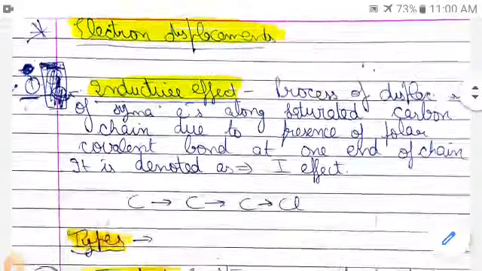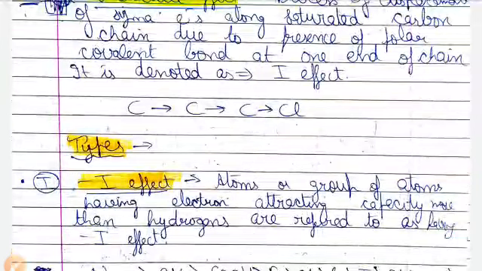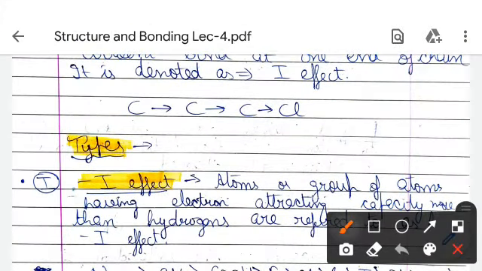So we can show it as C single bond Cl. This bond is a polar covalent bond, therefore the electrons move slightly towards this carbon, and these are shown with arrows indicating the displacement of these bonds towards this carbon, and it is due to this halogen attached at the end of the carbon chain.